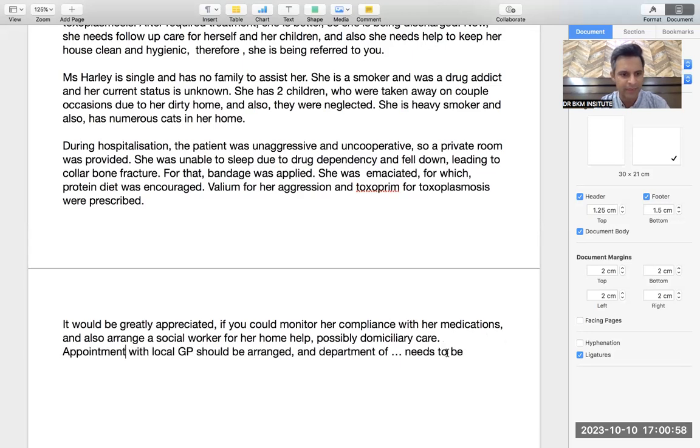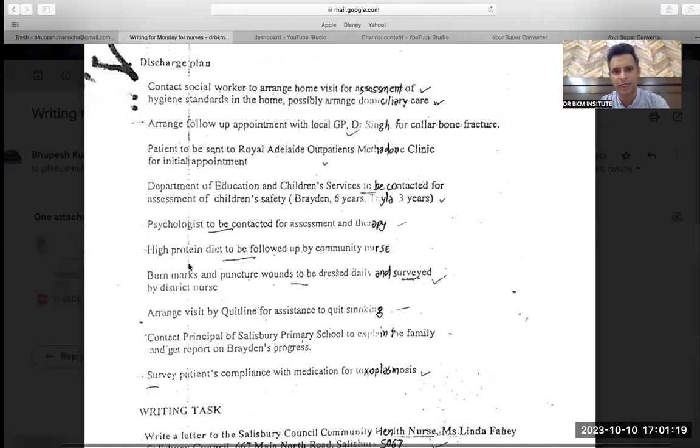To change it, I am writing "should be arranged" is a passive voice, "needs to be contacted" again is a passive voice. I am just making a change to it. That is the only thing I'm doing. I'm just changing "should be" plus third form into "needs to be contacted for children's safety". Rest all is the same. That is how simple you can make your OET letters.